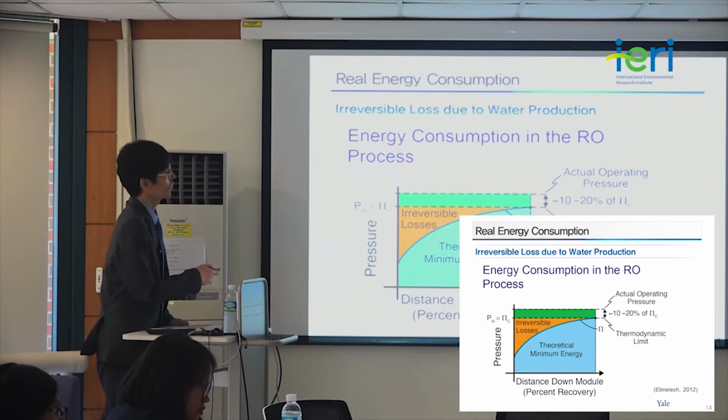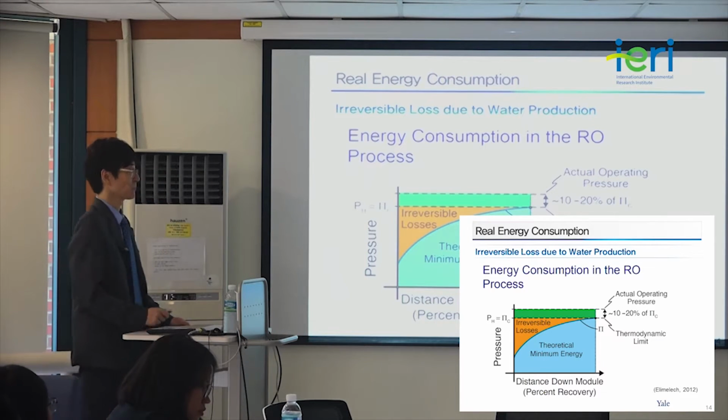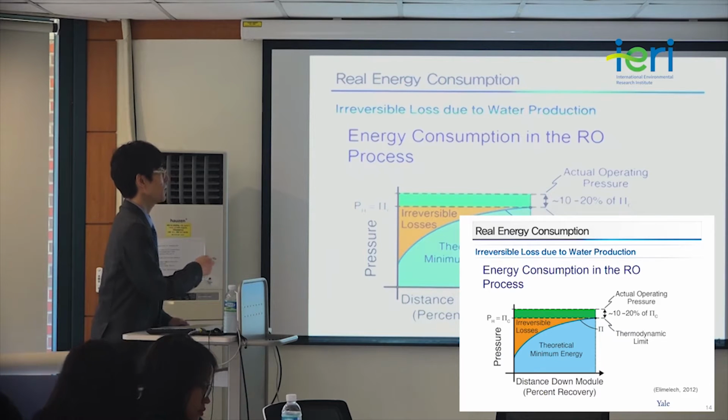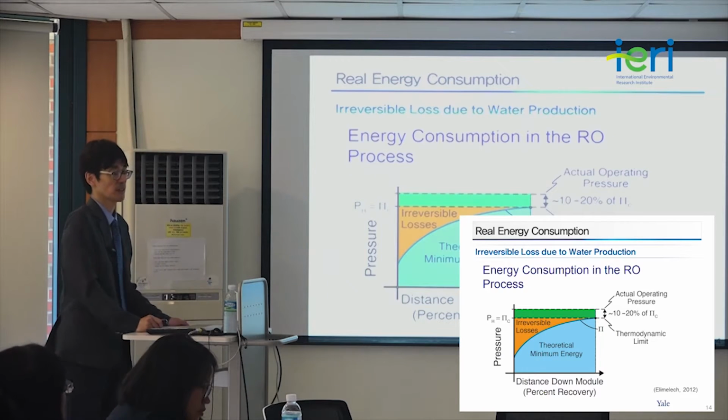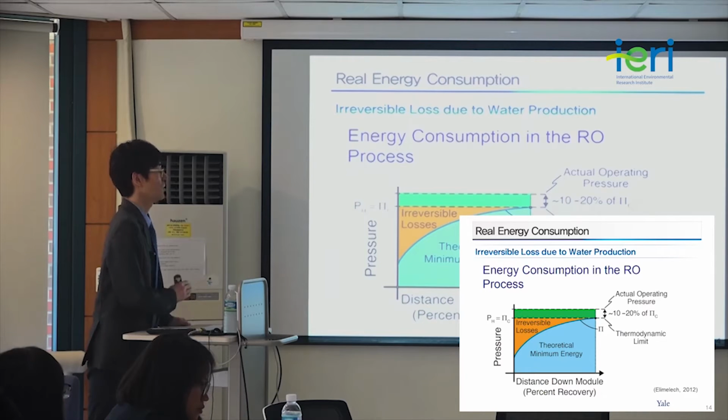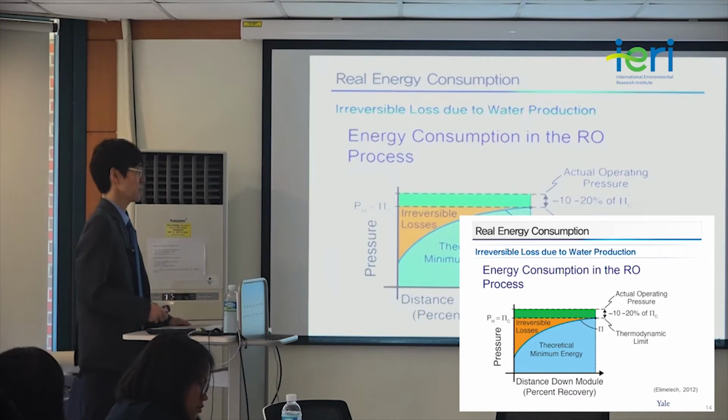In practice, we cannot waste this part, so we need additional pressure to get water even near the outlet. So in addition to this region, we also have another region, the green area, which is also the energy consumption that we have to consider in a real reverse osmosis system.